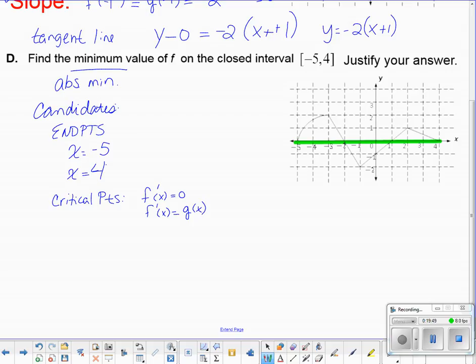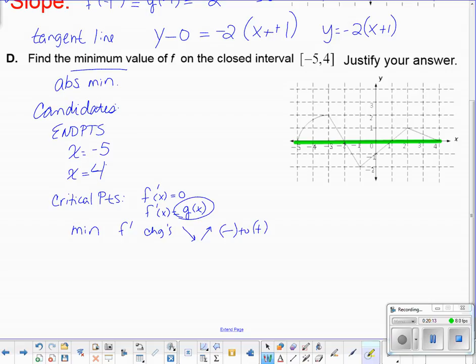Now, if I'm looking for a min, I want f prime to change from being what? Going down to going up, so it changes from a negative to a positive. When I go to my graph, I'm going to be looking at g of x, and I want to look for when g switches from being negative to positive.